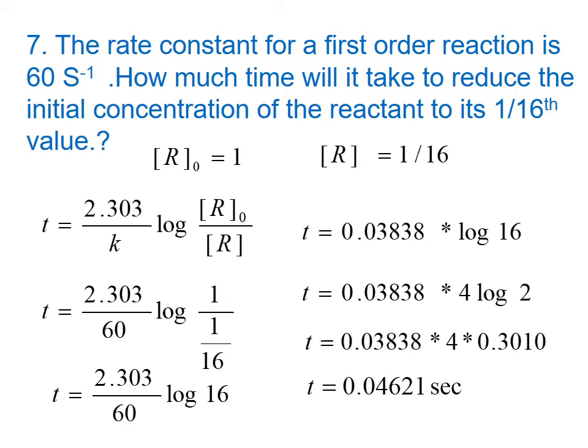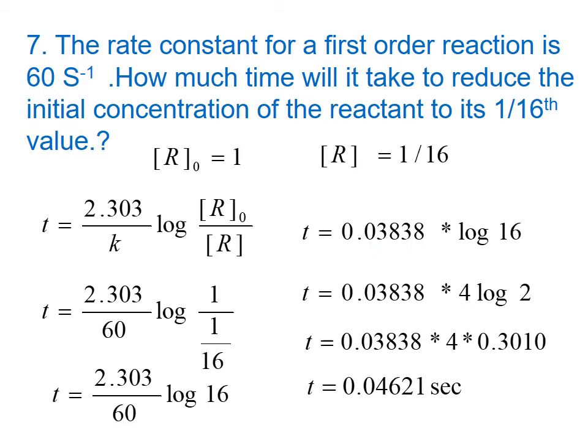R0 equal to 1, R is equal to 1 by 16, so log 1 by 16. Then T is equal to 2.303 by 60, and log 1 by 16 is equal to log 16.